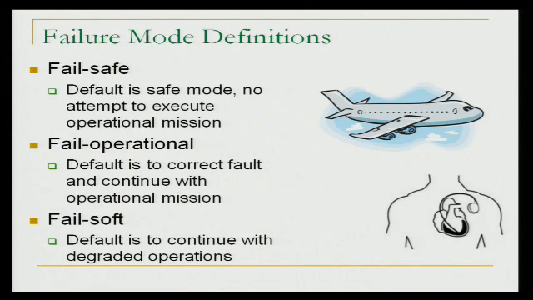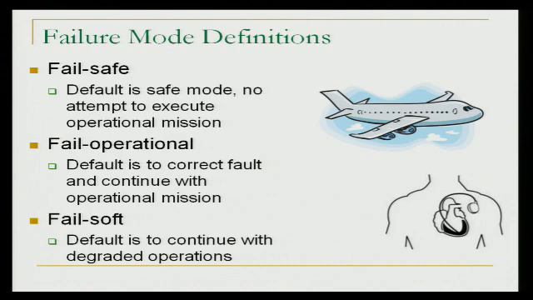For example, the requirement would be that there's no attempt to execute the operational mission anymore. In other words, maybe you stop the system, stop the train. You can fail operational, where you try to correct the fault and continue with the operational mission. An example of this is if the nav system fails in an aircraft, you don't shut the aircraft down. You switch to a backup nav system and continue the mission.